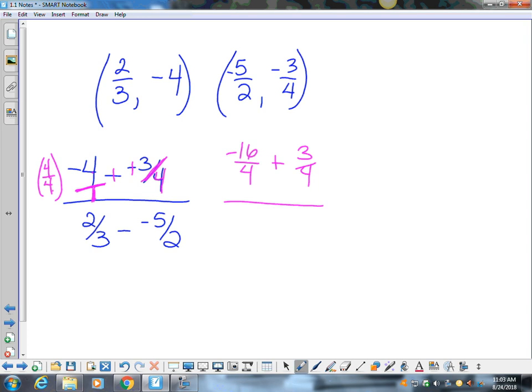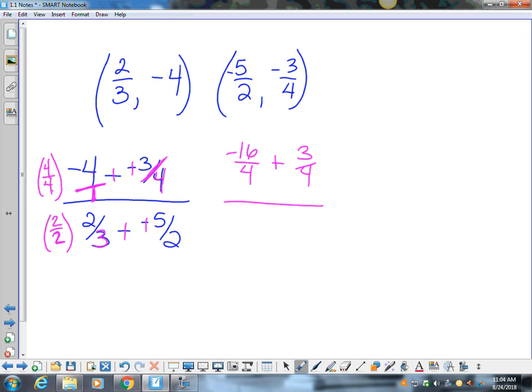Awesome. All right, let's deal with the bottom. Again, I'm going to go plus plus. The bottom's denominators are a 3 and a 2. The common denominator would be a 6. So I don't give them a 6. I give them what they need to turn into a 6. So if this guy's a 3, he needs to be multiplied by 2 to become a 6.